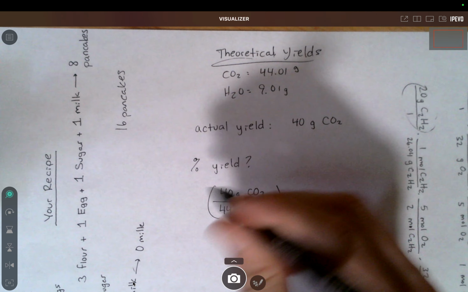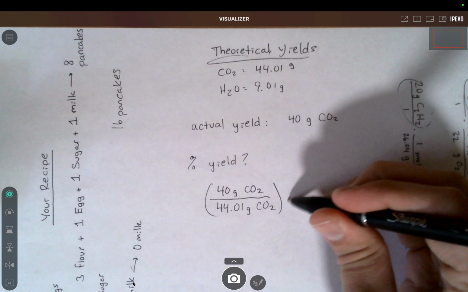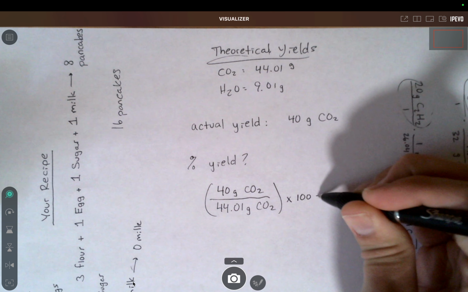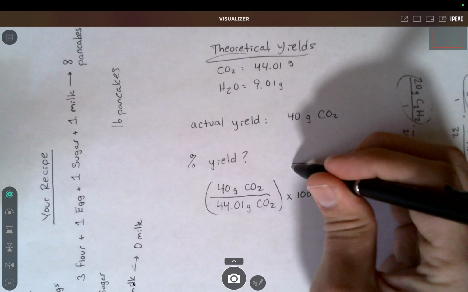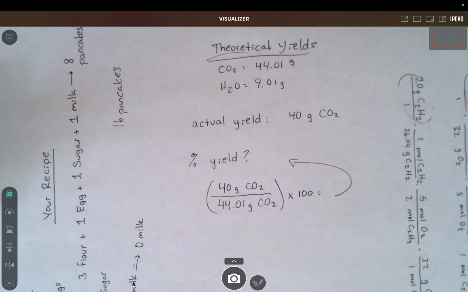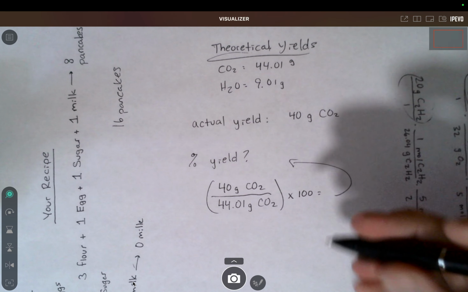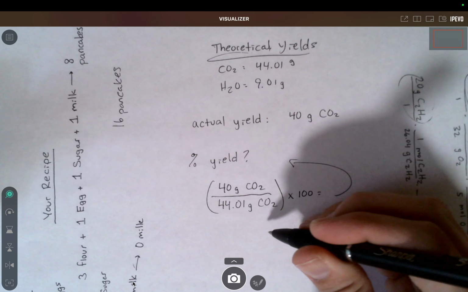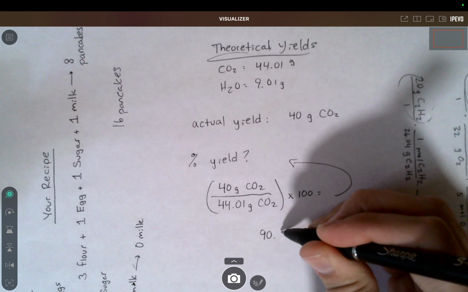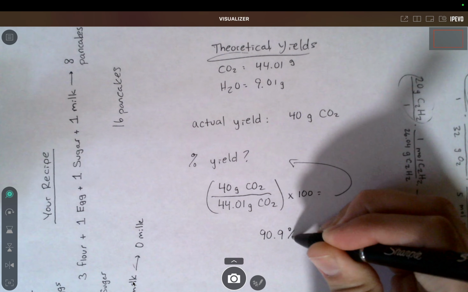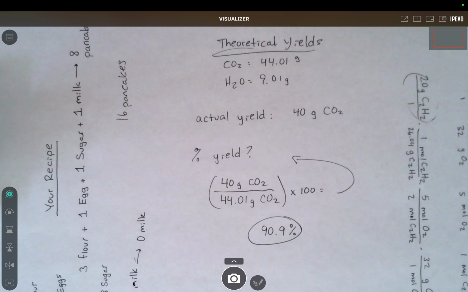So you got a 40 out of 44.01, divide those numbers, multiply by 100, and baby, you got the percent yield. 40 divided by 44.01, bang! The answer is, well, times 100 then, 90.9%. Woo! How neat is that? Very easy.